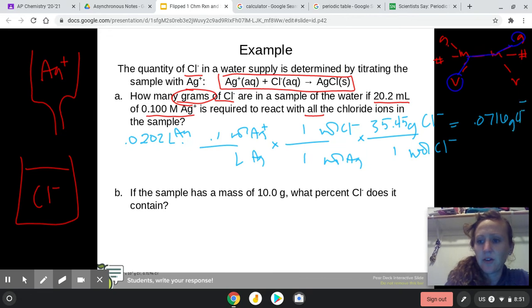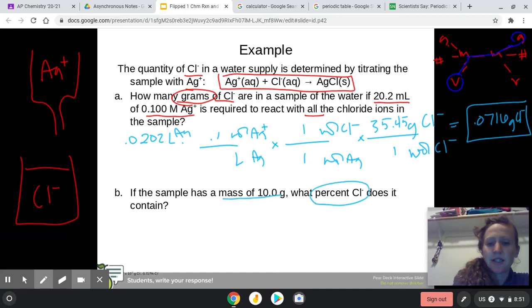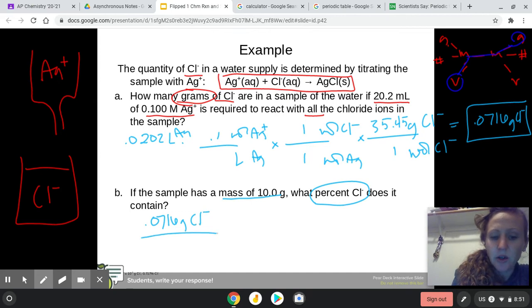Grams of chlorine. Nice. Okay, if the sample has a mass of 10 grams, what percent chlorine does it contain? So this is throwback to mass percent. So part over whole. Our part is the chloride ion.